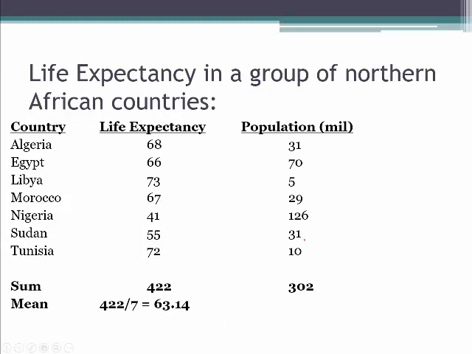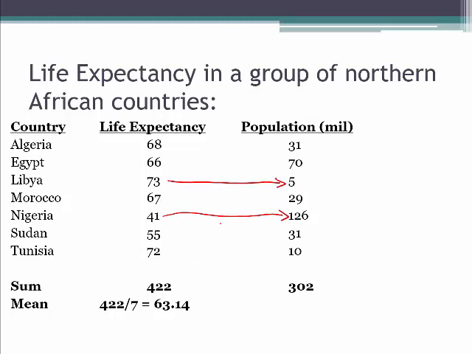If I give you the population of each of these, look at this. Libya, which we said had the highest life expectancy, only 5 million people live there. But Nigeria, which had the lowest life expectancy, 126 million people live there.